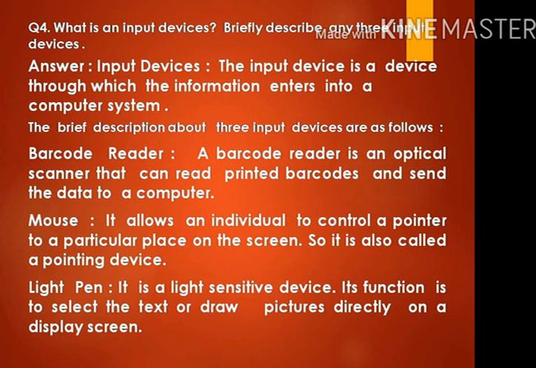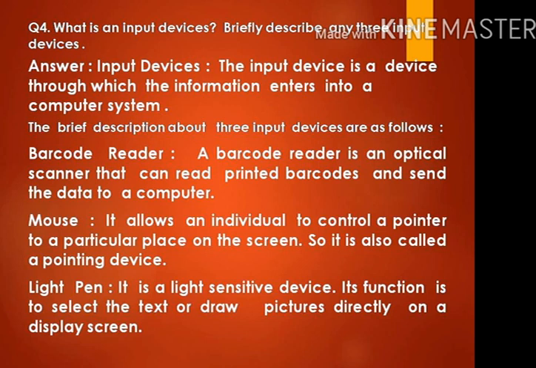Barcode reader. A barcode reader is an optical scanner that can read printed barcodes and send the data to a computer. Next is mouse. Mouse. It allows an individual to control a pointer to a particular place on the screen.